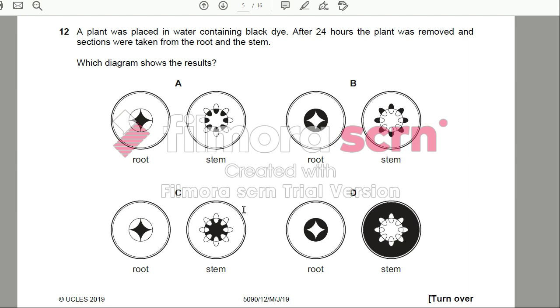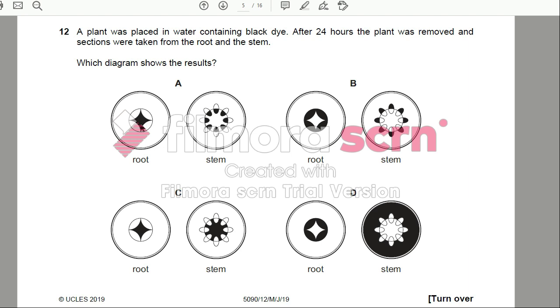As far as the correct position in root and stem, the positions have been given correctly, but now we have to find out the correct stained areas. First we move to option A. In option A, in root, the central area is of xylem, so it is correctly stained.